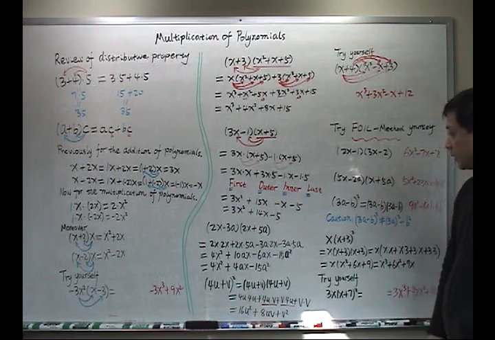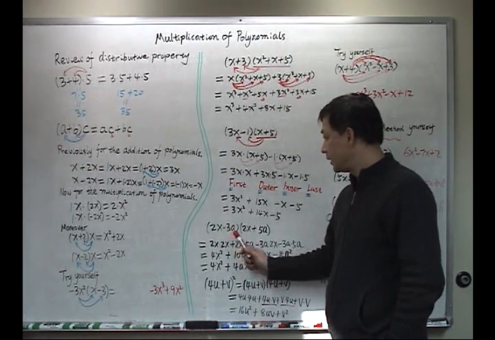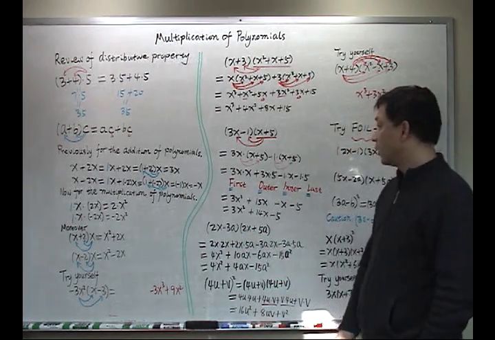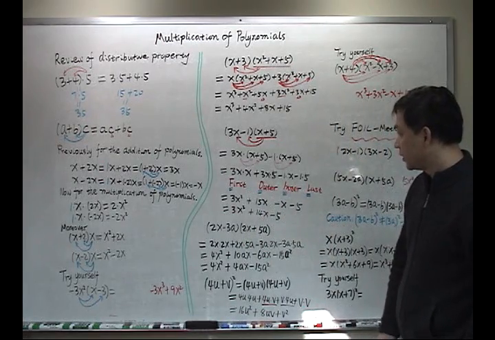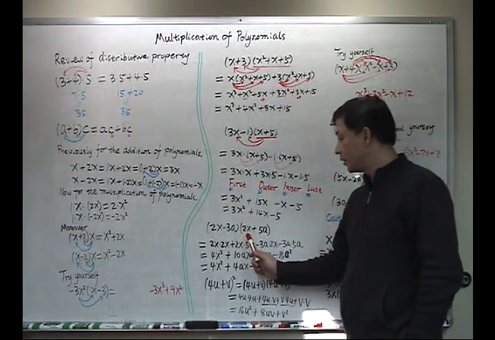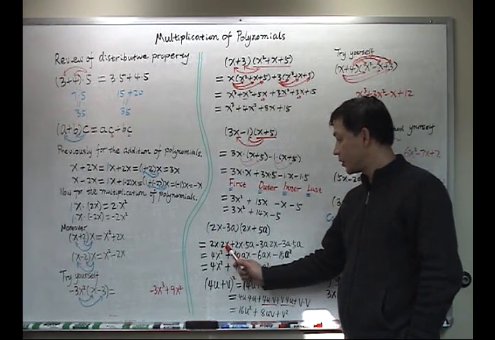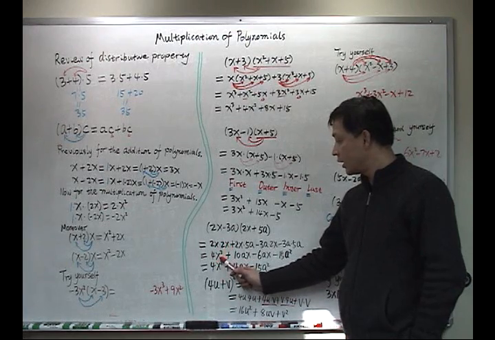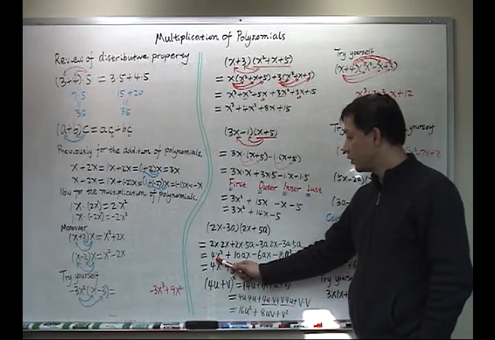Now, look at this one. 2x minus 3a times 2x plus 5a. Again, we need to use the FOIL method. The first product is 2x times 2x. 2 times 2 is 4, x times x is x squared. So the first thing is 4x squared.